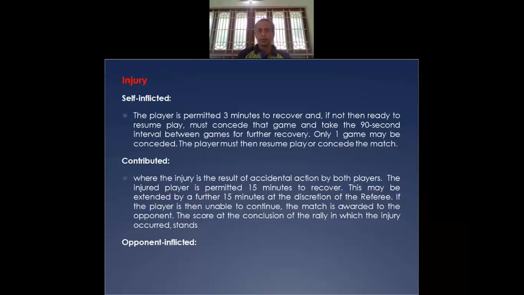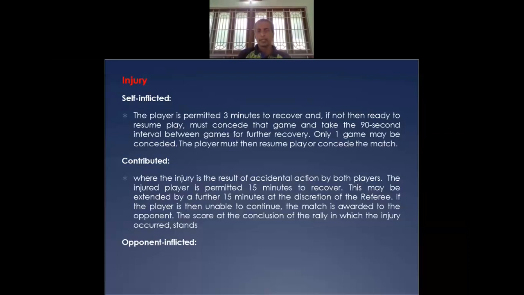There's definitely a possibility of both of them going into each other. So if it is a result of an accidental action by both players, you categorize that injury as contributed, and permit 15 minutes to recover.